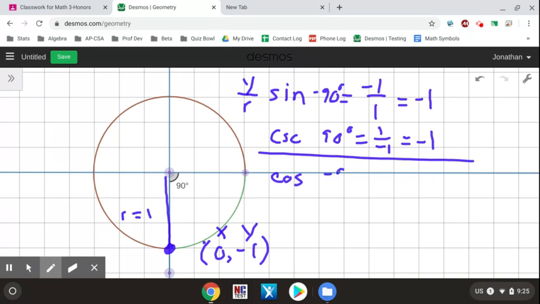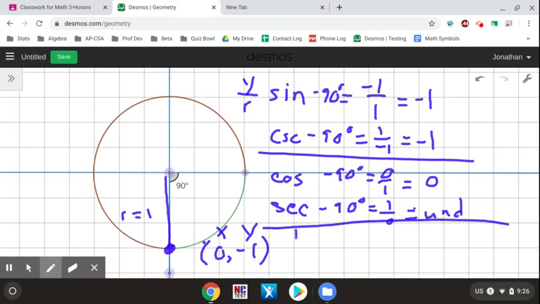The next pair, I can look at cosine. Cosine of -90 degrees is going to be my x-coordinate 0 over my radius of 1. So cosine is going to be 0. But secant, when I flip that upside down, I would end up with a 0 in the denominator. So if I tried to do 1 divided by 0, I cannot do that. Secant would be undefined. Last but not least, my tangent is the y-coordinate over the x-coordinate.